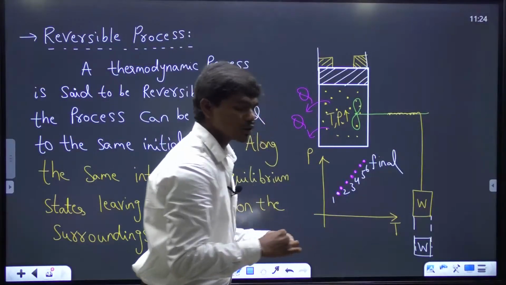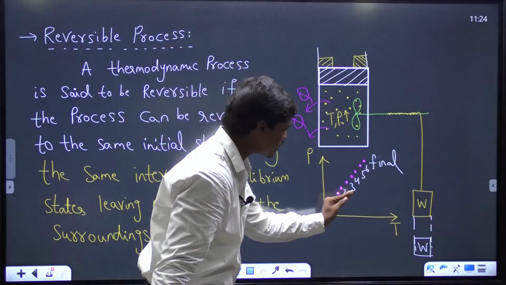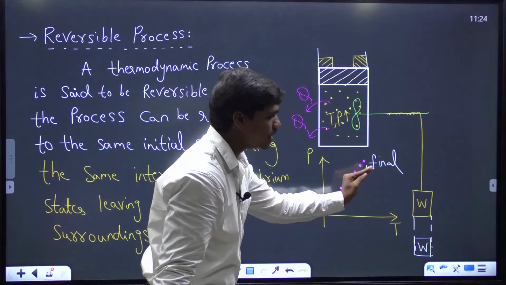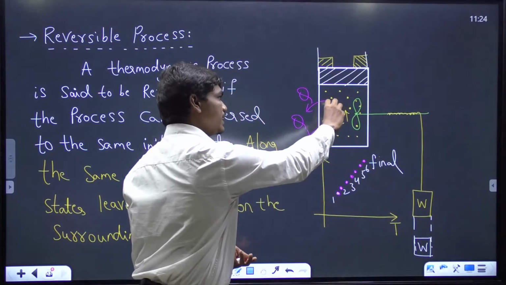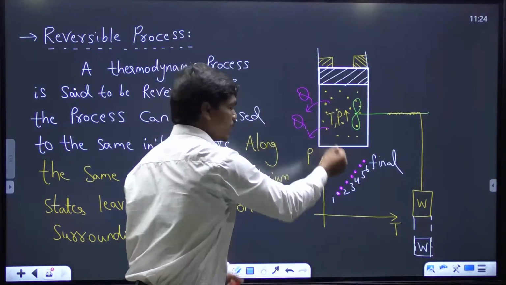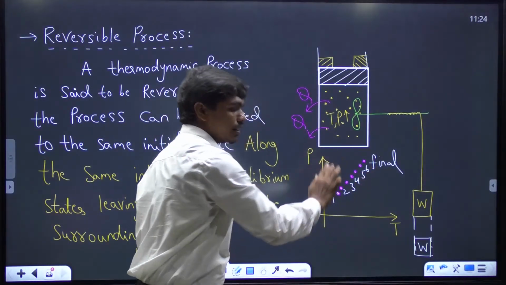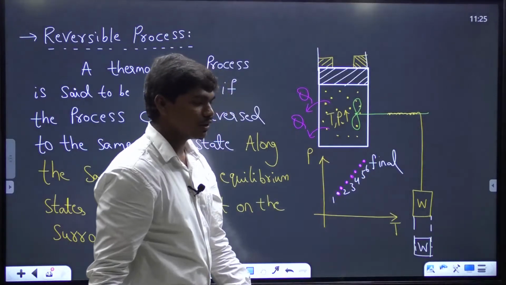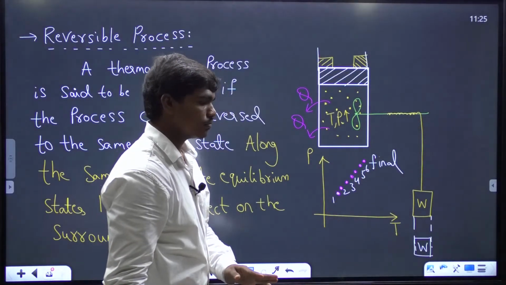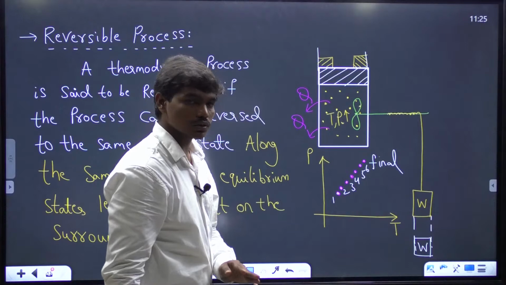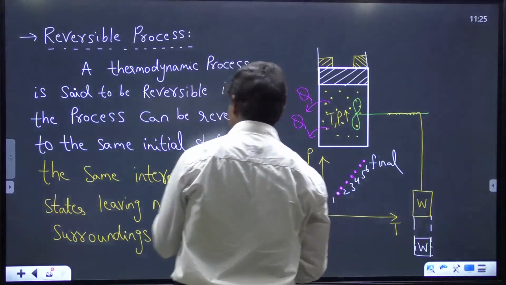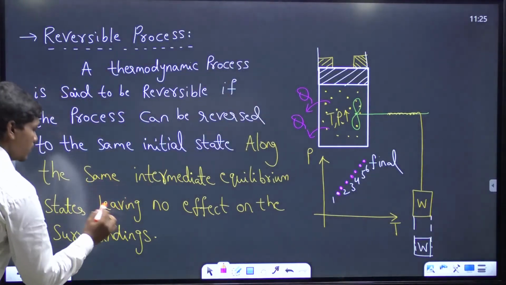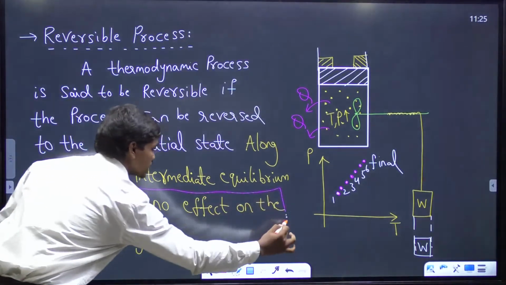Initially, because of the rotation of the paddle wheel, the temperature and pressure are slowly increasing step by step, then by the time this heat is liberated outside, these values come back along about the same path. Will you all agree with me? Yes or no? But now if you see, I mentioned one important word here, leaving no effect on the surroundings.